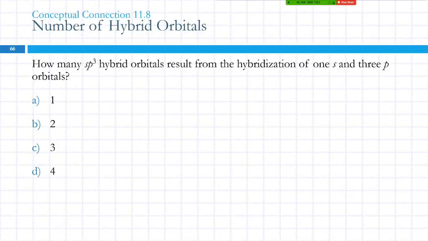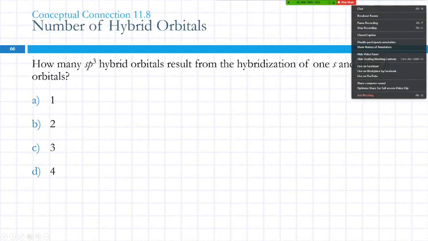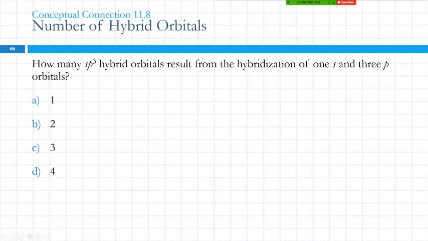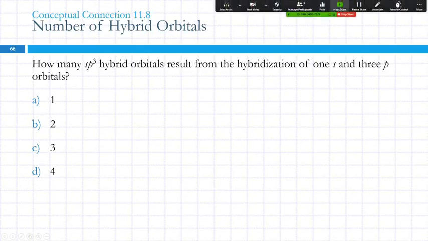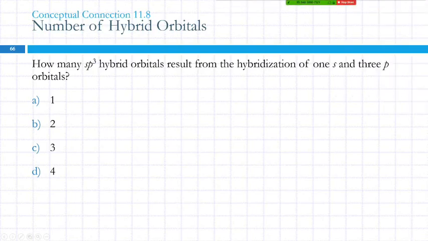So how many hybrid or sp3 hybrid orbitals result from the hybridization of one s and 3 p orbitals? I'll find my chat window. Anybody?